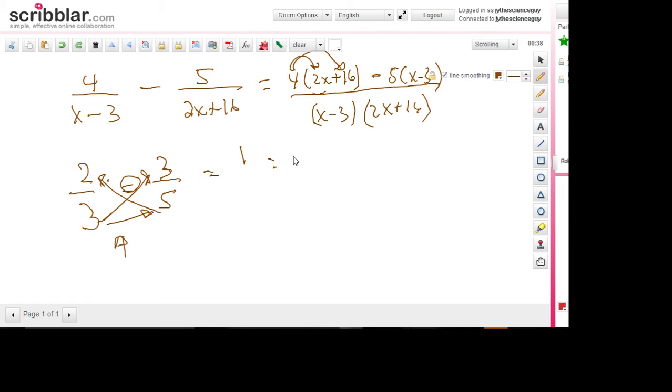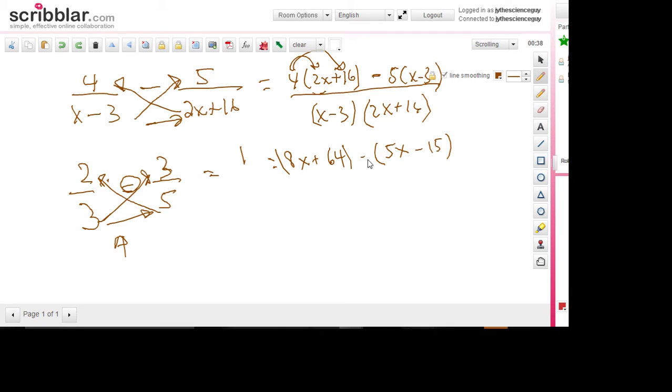So I'm doing 4 times parentheses 2x plus 16. So it'd be 8x plus 64, minus 5 times x minus 3, so it'd be 5x minus 15.